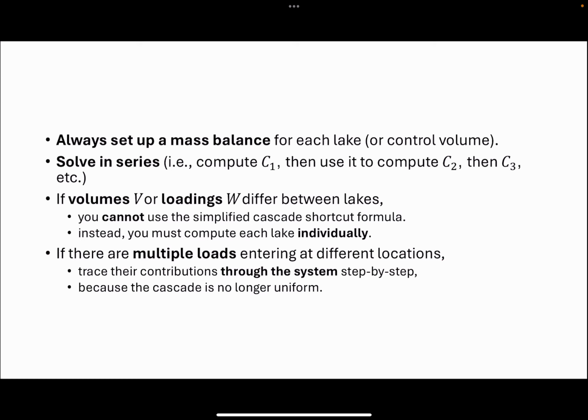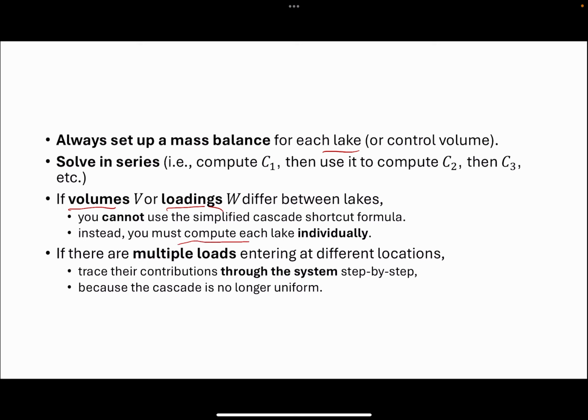We should always set up a mass balance for each lake, or we should just set up a control volume. We should solve it in series, compute C1, then use it to compute C2, and then C3. If the volumes or the loading differ between lakes, then you cannot use the simplified cascade shortcut.